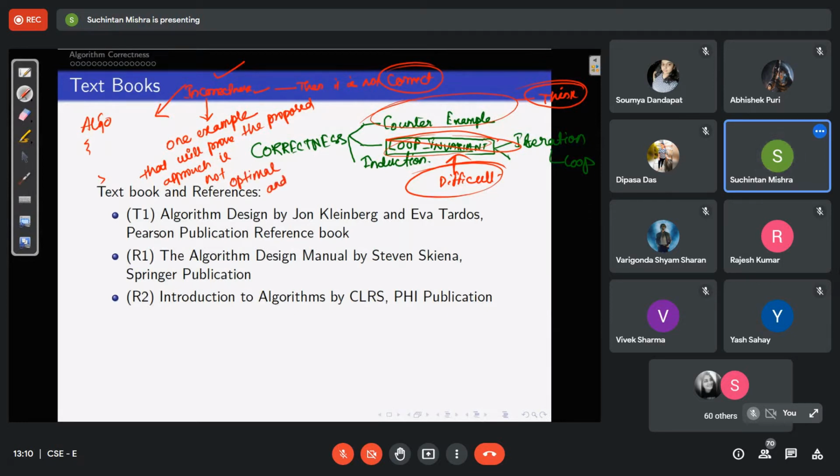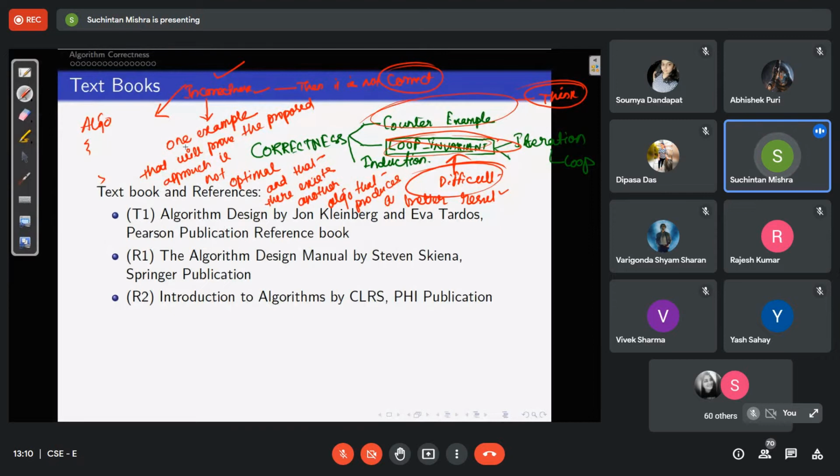and that there exists another algorithm that produces a better result. So what happens here?